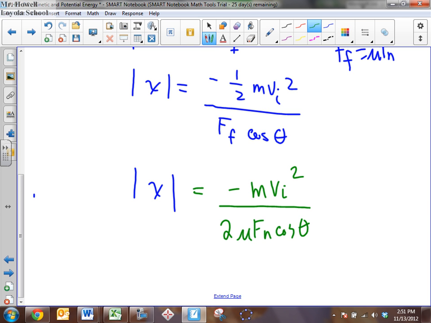Listen before you all make noises. Mu Fn, right here, mu Fn replaces the force of friction. Again, mu Fn is force of friction. That's our definition. And instead of putting a negative 1/2 up top, I moved the 2 down to the bottom, which you can do. It's a fraction. I just took this 2 and put it down here as a 2. And I left the negative 1 up top. Okay, that's why this is negative.